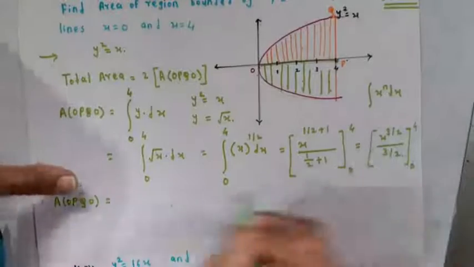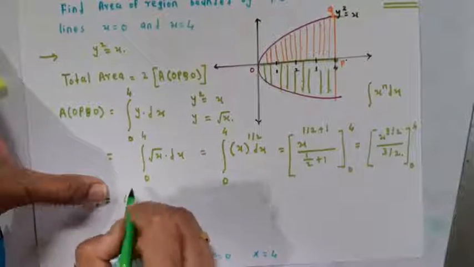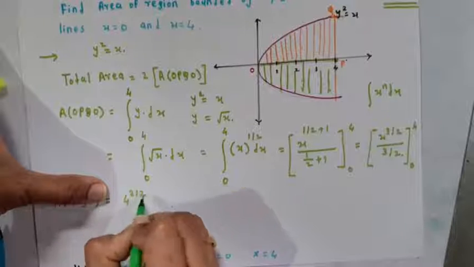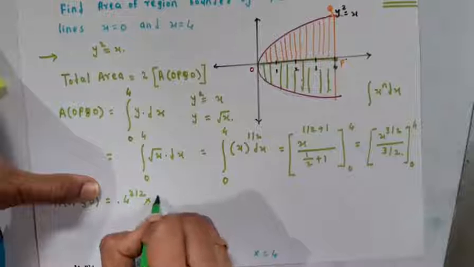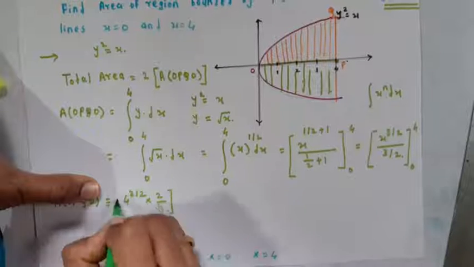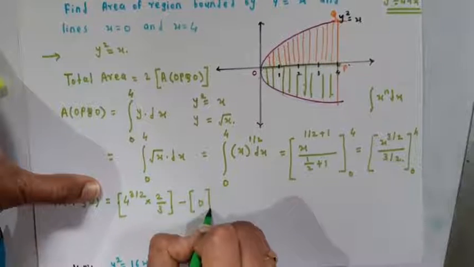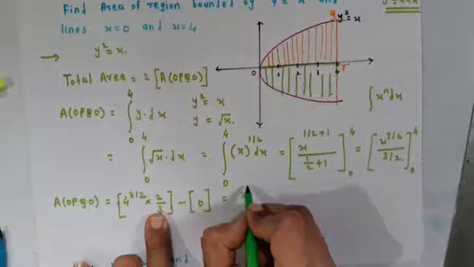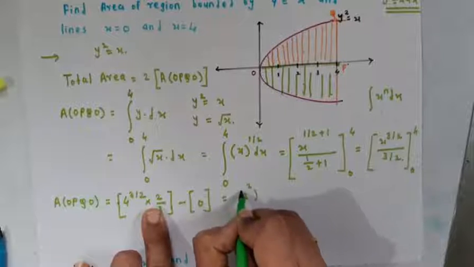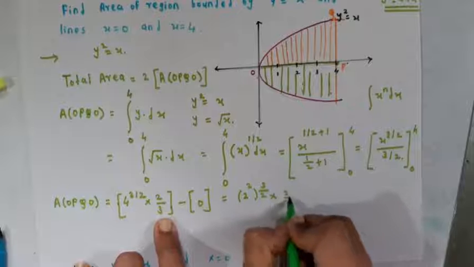So 0 to 4 means put the value of x as 4. So 4 raised to 3 by 2 into this 3 by 2, which means multiply by 2 by 3, minus the lower limit, which is 0. 4 raised to 3 by 2 means 2 raised to 2 into 3 by 2, and into 2 by 3.